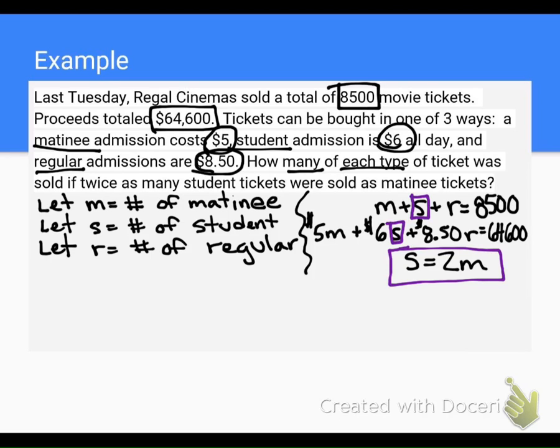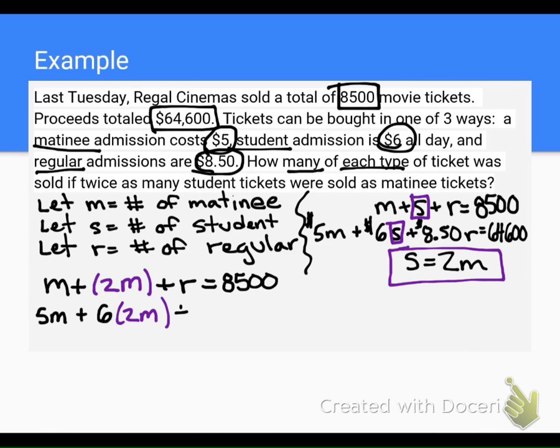That S is going to go away, and I'll just have M and R. So rewriting those below, I plug in 2M for S in the top equation: M plus 2M plus R equals 8,500. And in the bottom equation: 5M plus 6 times 2M plus 8.50R equals 64,600.